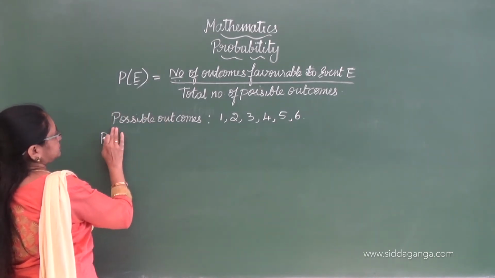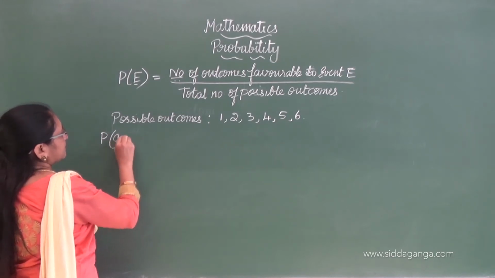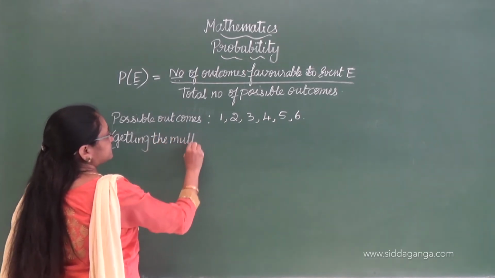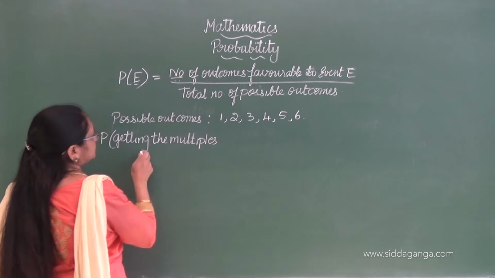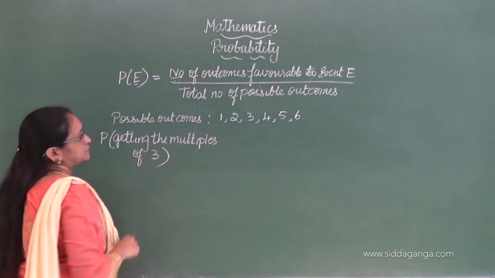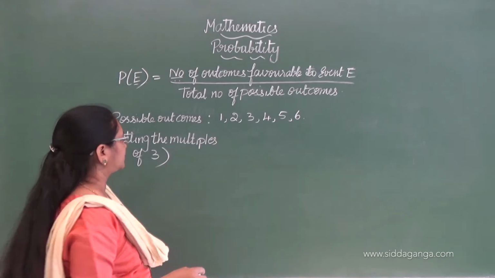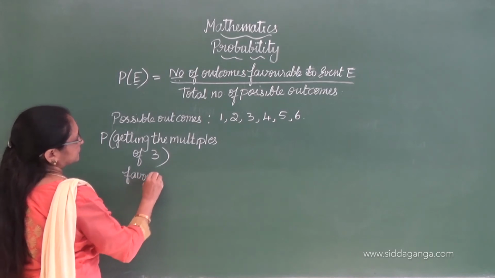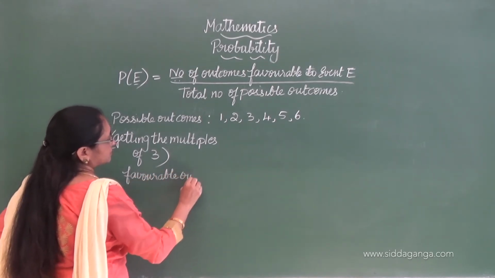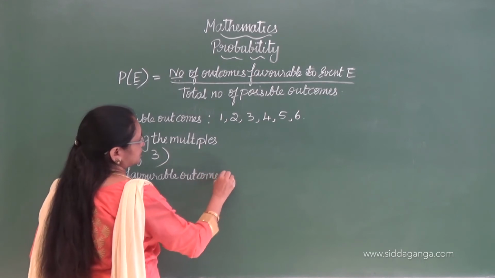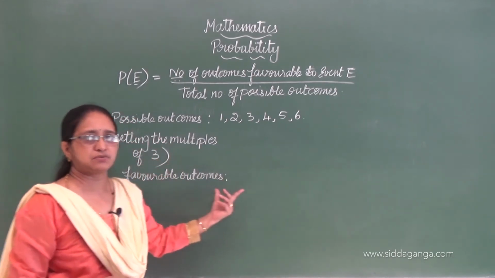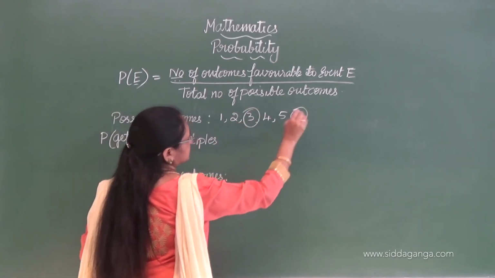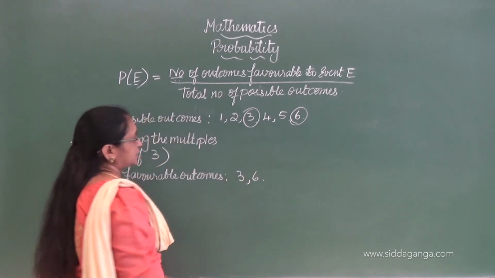Event: getting the multiples of 3. Now, what are the favorable outcomes? According to this event, multiples of 3 means out of these, 3 and 6 are the multiples, correct?